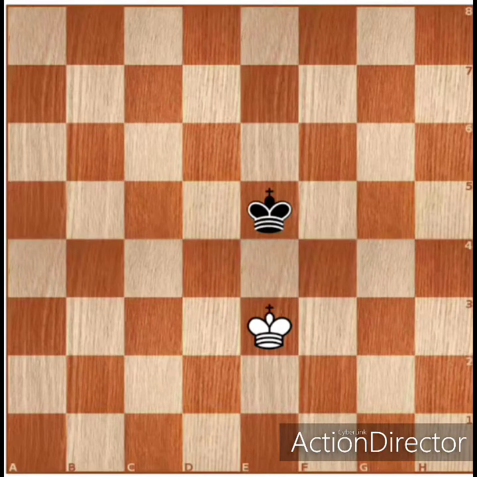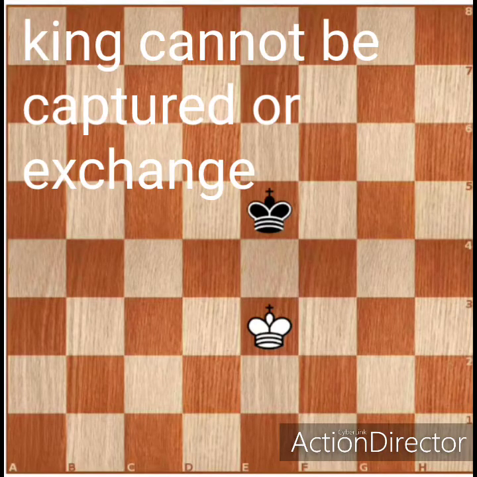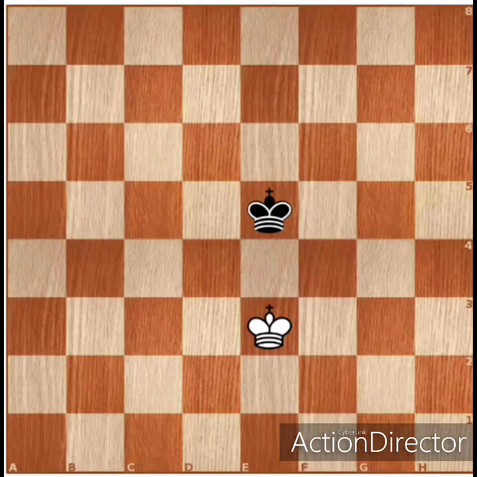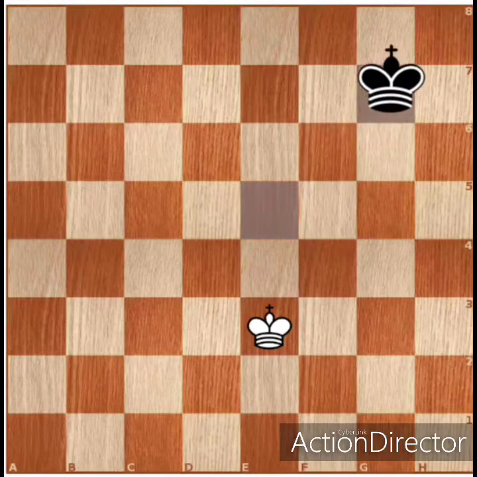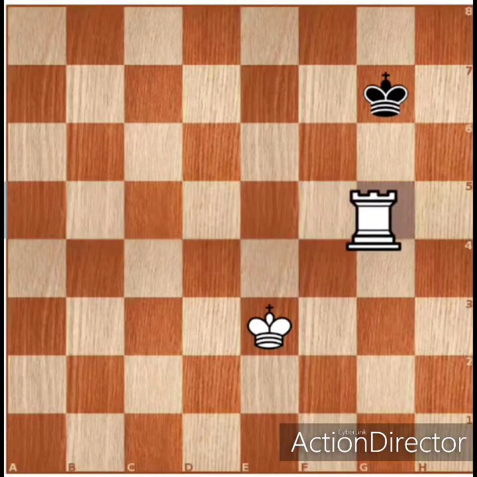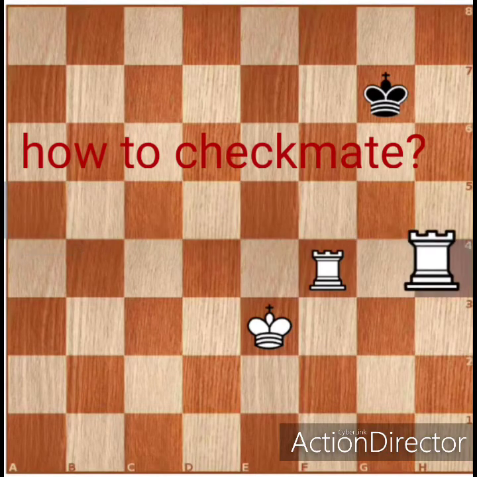So you cannot move your king through this kind of squares. And remember, the king cannot be captured, so you need to checkmate the king. Creating a situation like this, suppose we are going to checkmate the black king, then we need to create something like this.